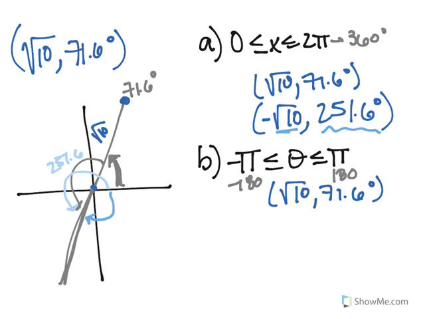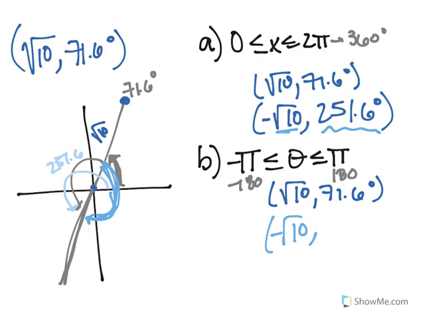You can think of it as 360 minus this, or this number minus 360, so you get a negative angle, or you can do 180 subtracted from this 71.6. Either way works. It's the same math, gets you the same place.